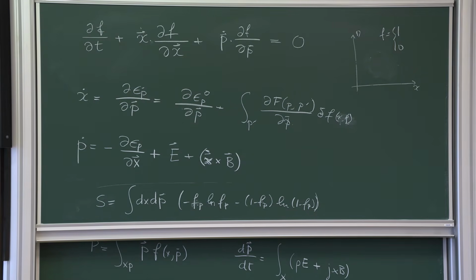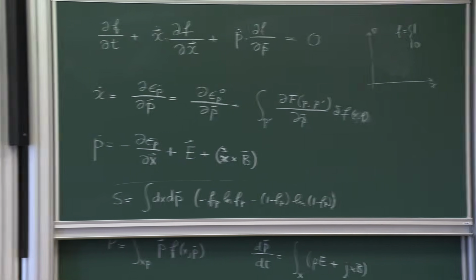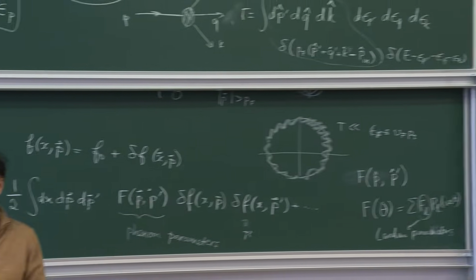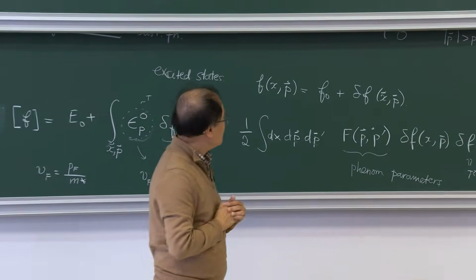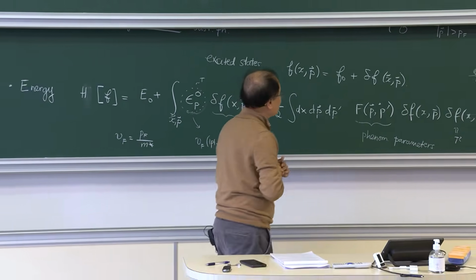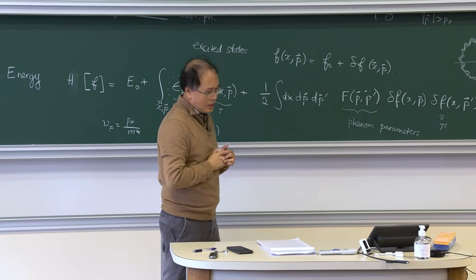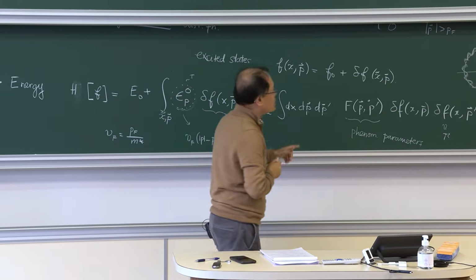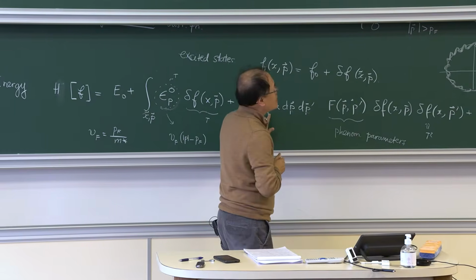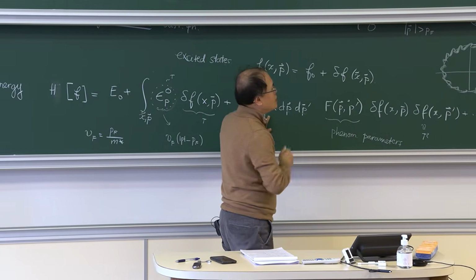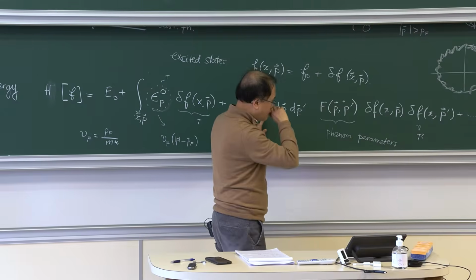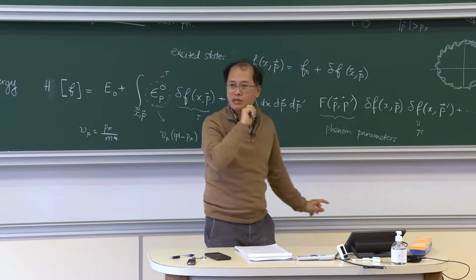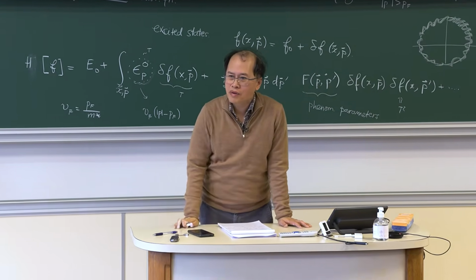And we don't discuss angular momentum because we don't want to add it explicitly. Let me say the following thing. A feature of Landau theory is that it conserves orbital angular momentum and spin separately.